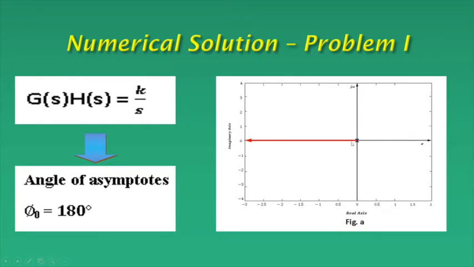From this origin, draw the asymptote, and this angle is 180 degrees. Then this root locus starts from the open loop pole when k equal to 0, then finishes at infinity along the asymptote when k equal to infinity. So if a single pole exists in a system, then this system is completely stable.